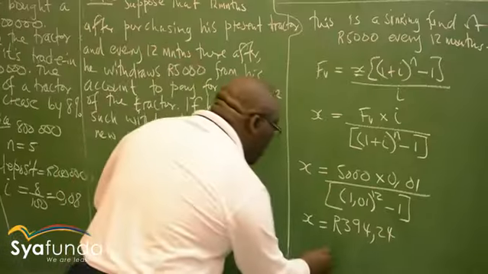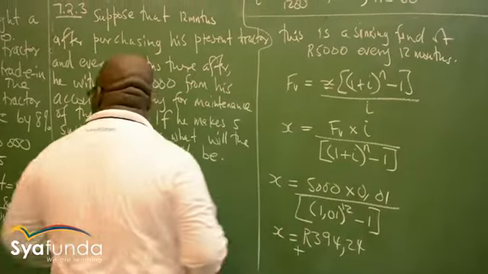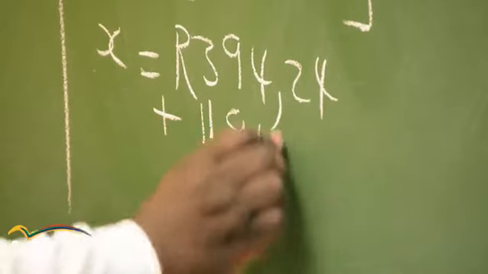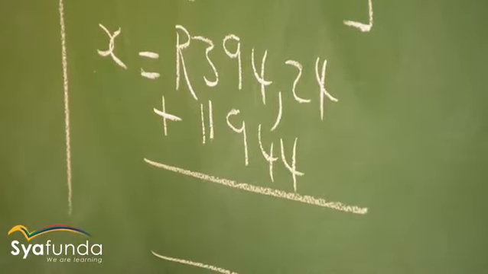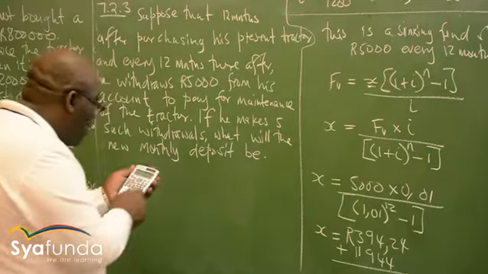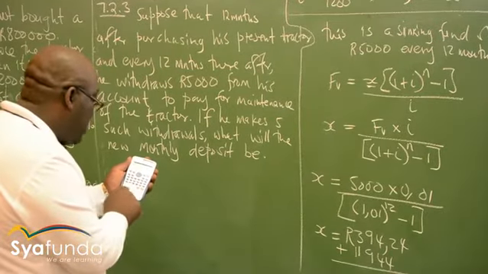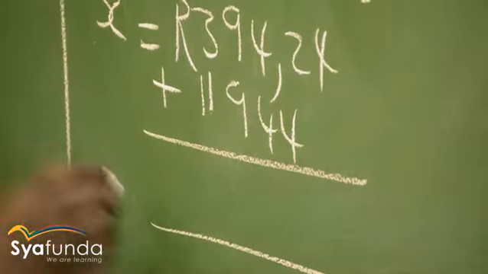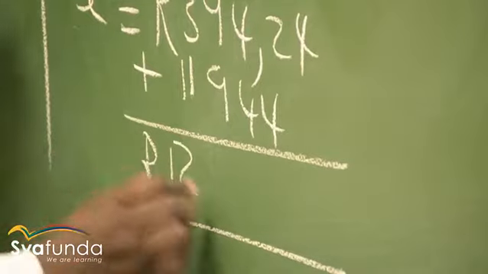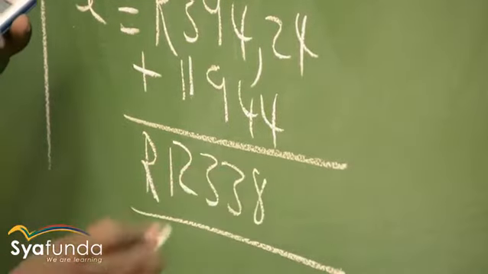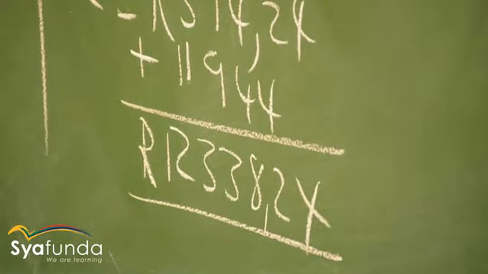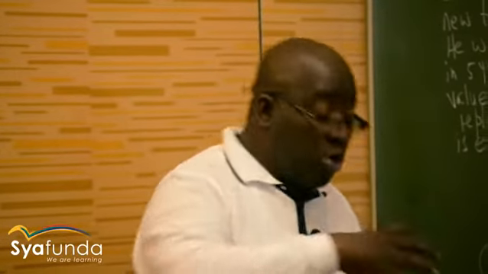So to this amount we add the 11,944 rand to get the new monthly deposit. So the new deposit will be 12,338 rand 24 cents. Right, this is the amount that this farmer needs to save every month so that he'll be able to buy the new tractor, at the same time be able to do the withdrawals.